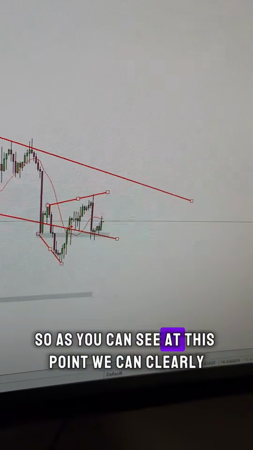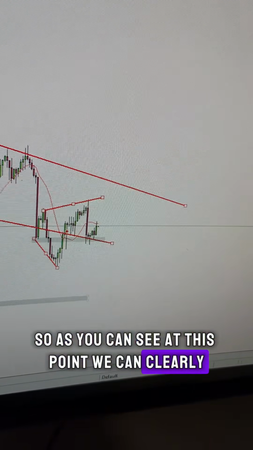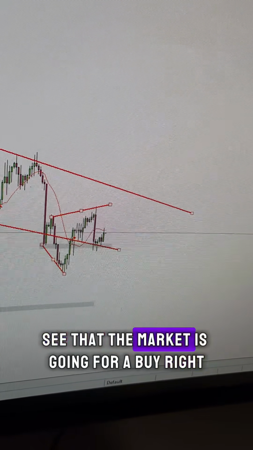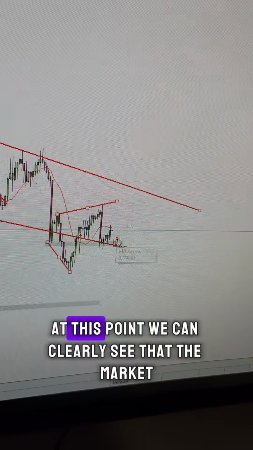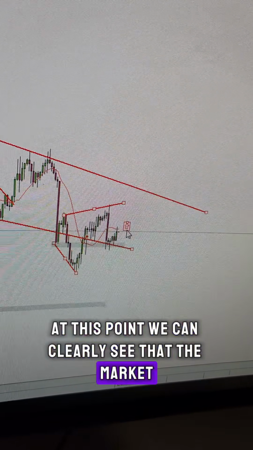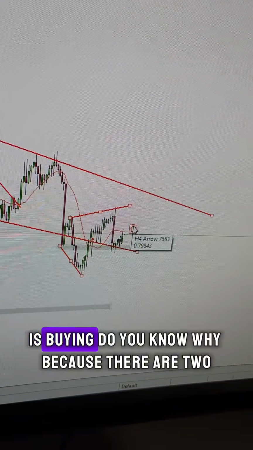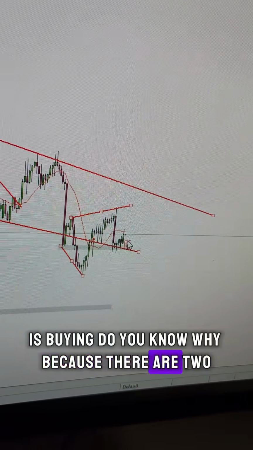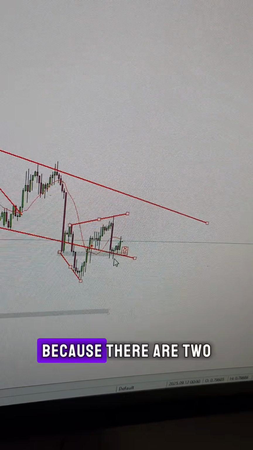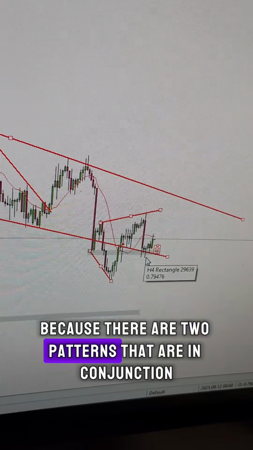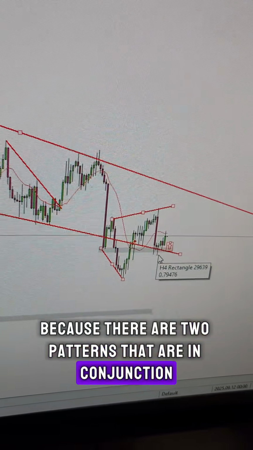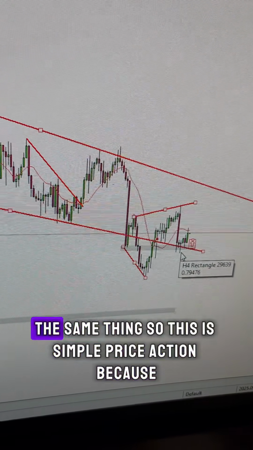So as you can see at this point, we can clearly see that the market is going for a buy, right? At this point, we can clearly see that the market is buying. Do you know why? Because there are two patterns that are in conjunction, and they are all supporting the same thing.